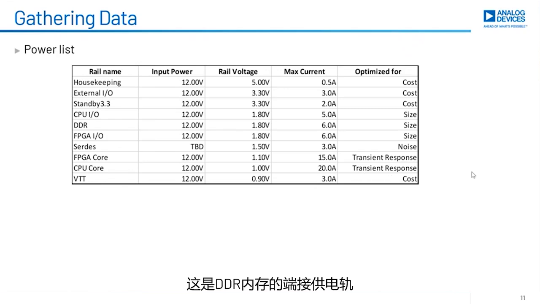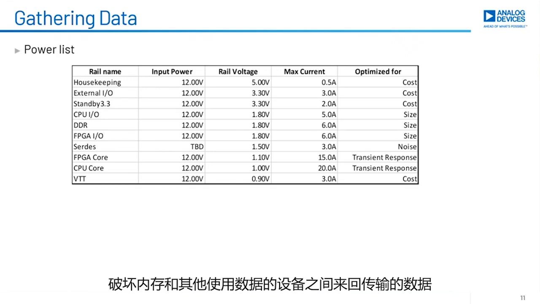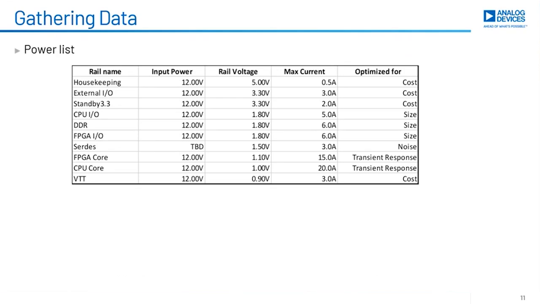This is a termination rail for the DDR memory. This is commonly required when you use DDR memory.